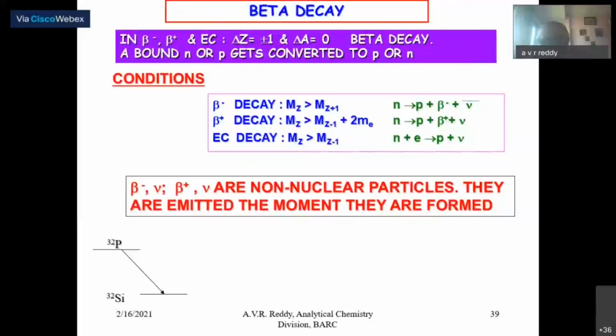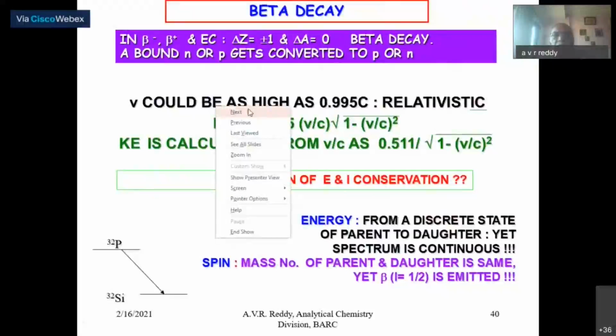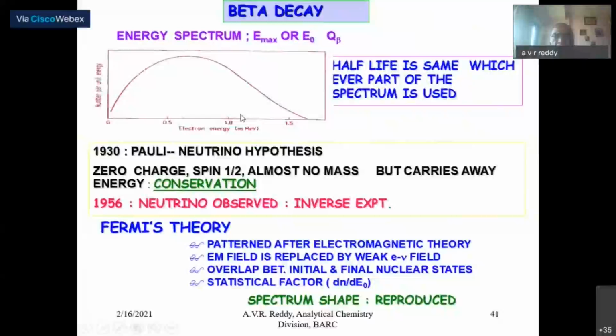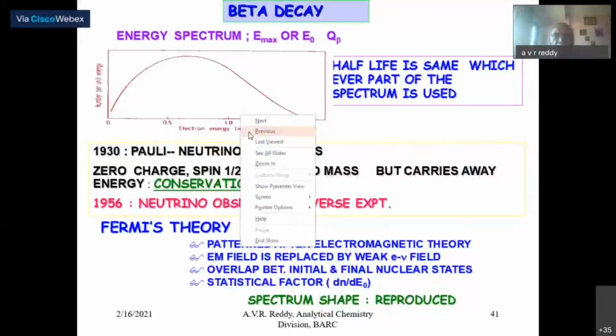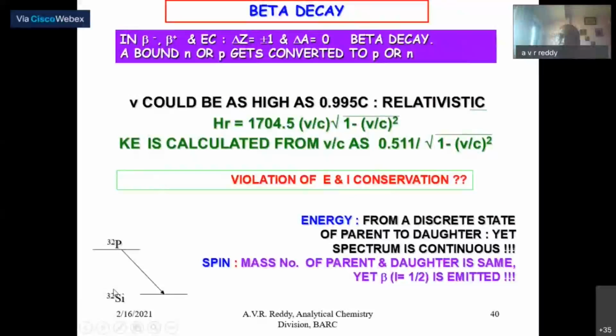Spin is not conserved. And another thing is, when the energy was measured, in the case of alpha decay, when you plot energy versus intensity, I did not show you one, probably in the detection part I will show one spectrum, they will give simple peaks, right?